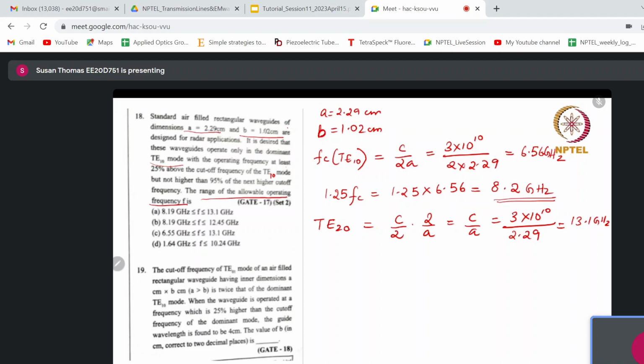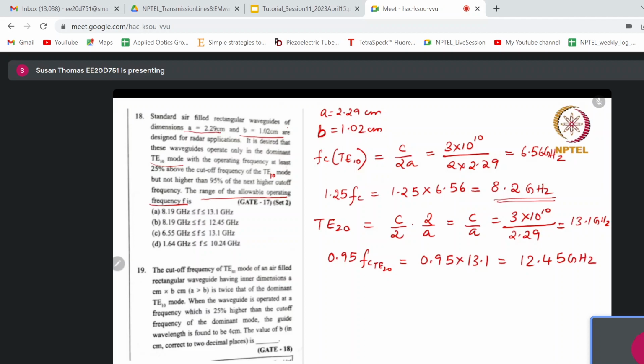So 95% of the next higher, okay, 0.95 of this Fc of TE20. Okay, 0.95 into 13.1. That will be 12.45 gigahertz.